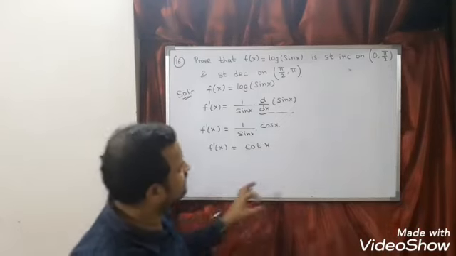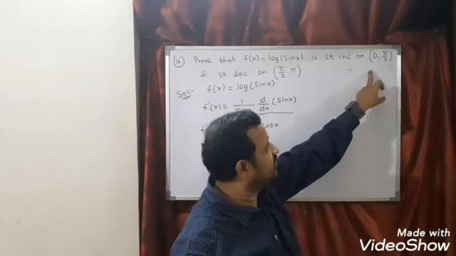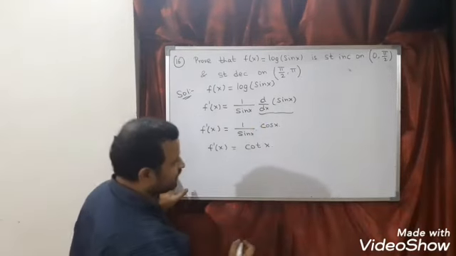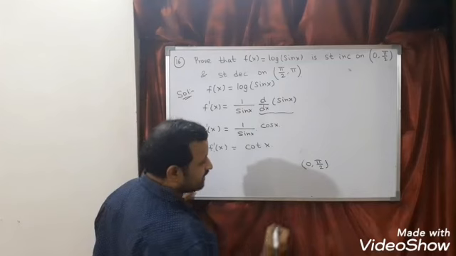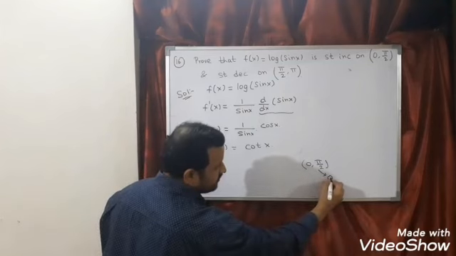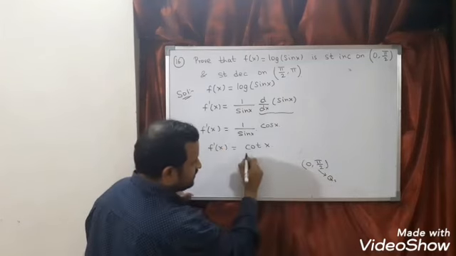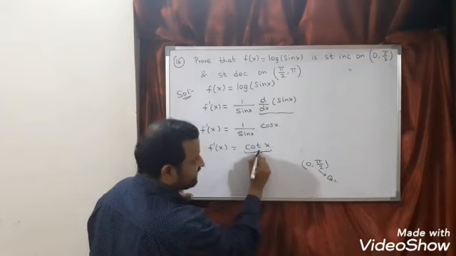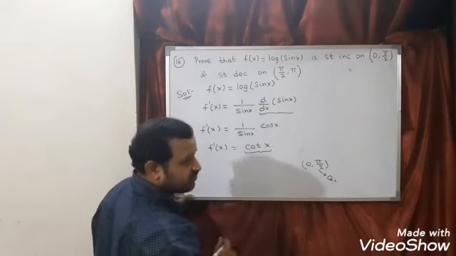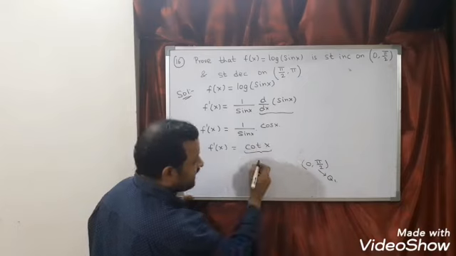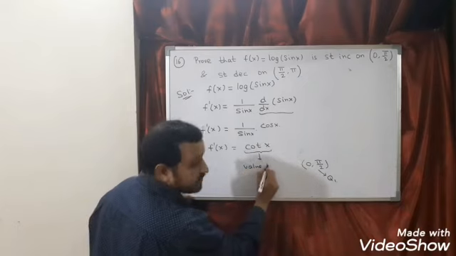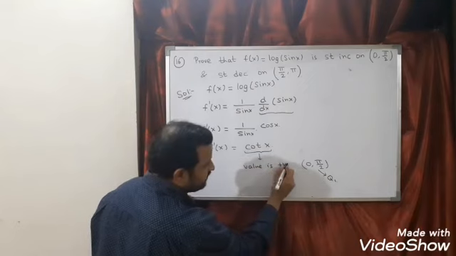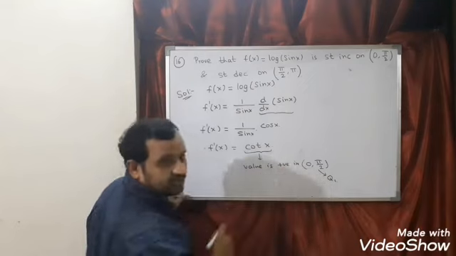Now the question is strictly increasing on 0 comma pi by 2. So tell me, 0 comma pi by 2 belongs to which quadrant? This belongs to the first quadrant. So is this value positive or negative in the first quadrant? From 0 to 90, this value is positive. So I can say value is positive in 0 to pi by 2.